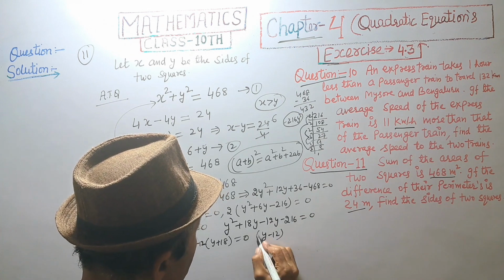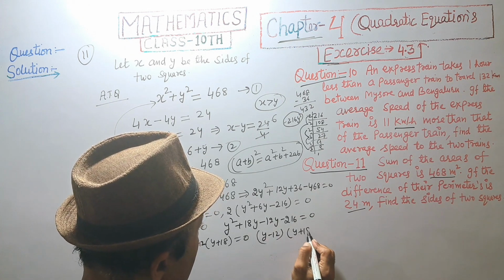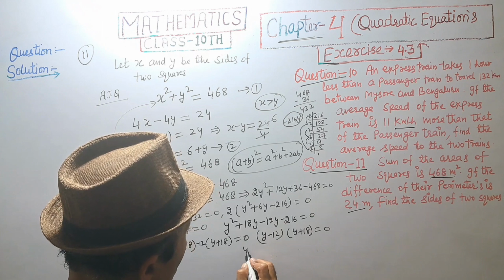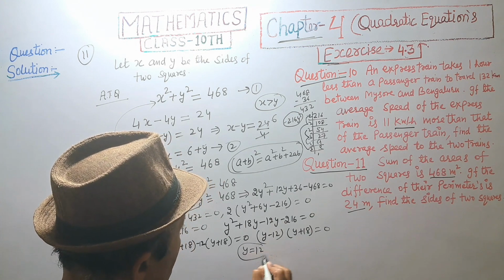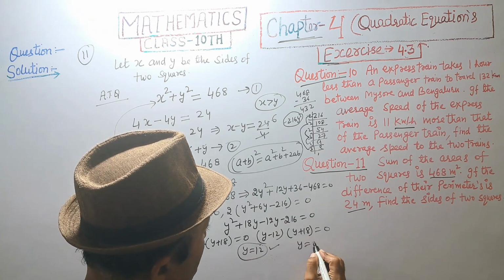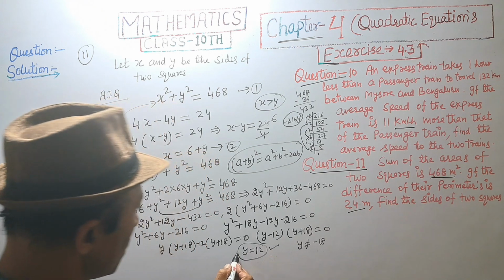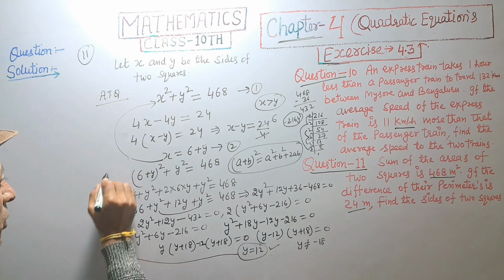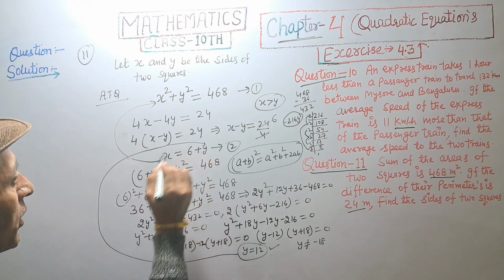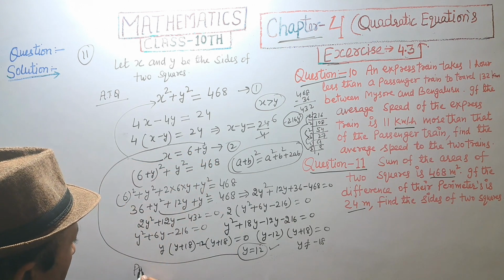(y minus 12)(y + 18) is equal to 0. y is equal to positive 12, and y is equal to minus 18 is neglected. But y is equal to 12, put in the second equation.